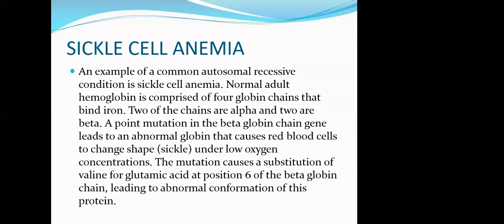The normal thing there is glutamic acid, so glutamic acid is removed and you put in valine. What does it lead to? Sickle formation of the red cells. So you can see this is a point mutation on chromosome 11, coding for the beta globin chains. This is an example of a point mutation.